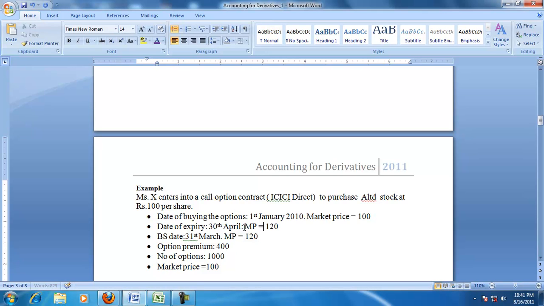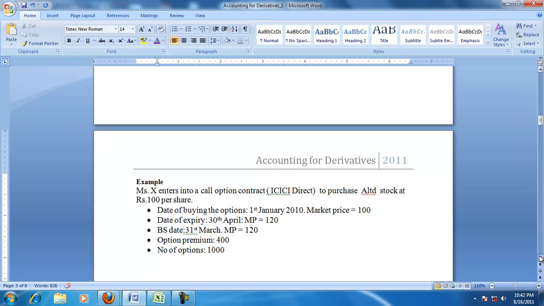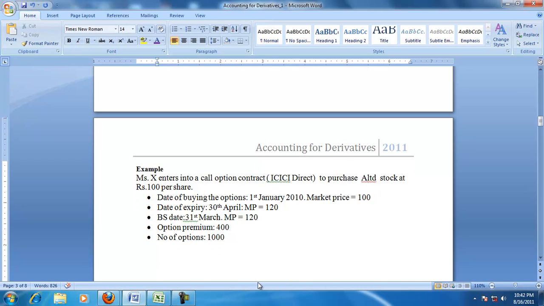For convenience, we have put 120 in both cases. And the option premium on the date of signing the option contract, Miss X has to pay 400, and she purchased 1000 options. Now what is the accounting treatment of that? So first we have to find out the value of the option.